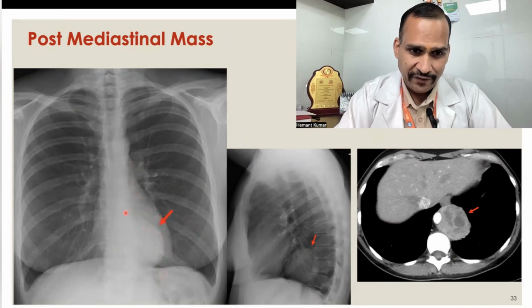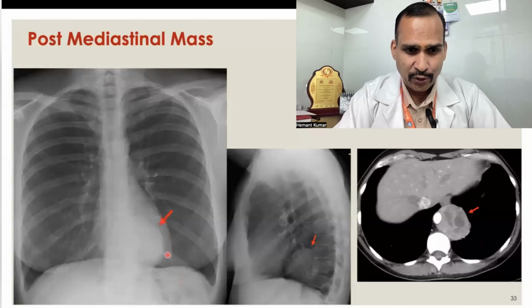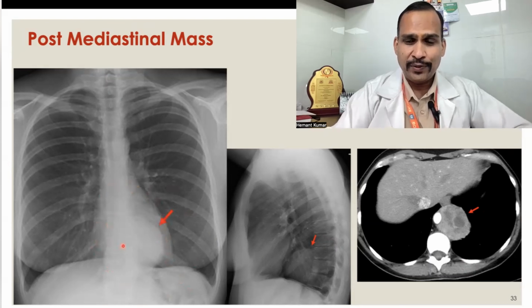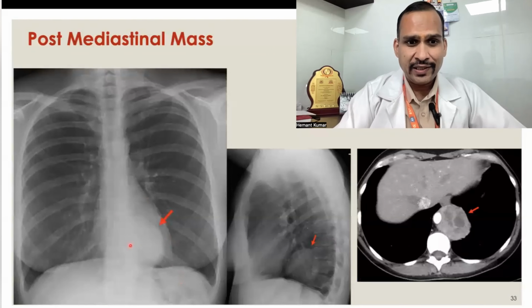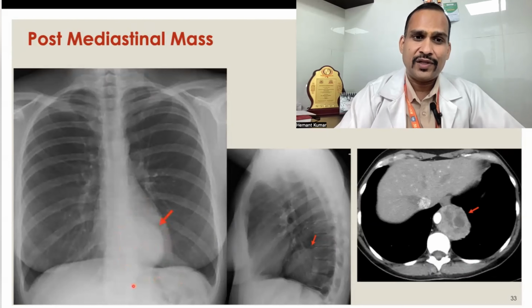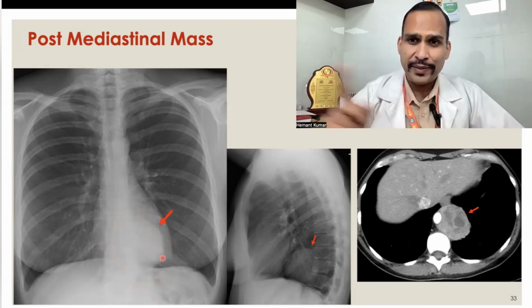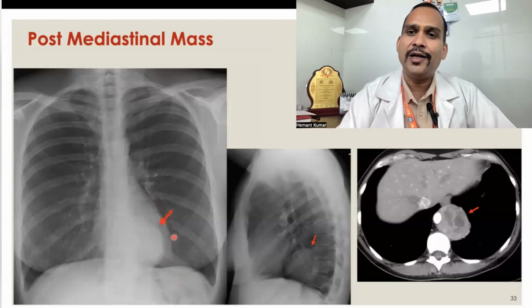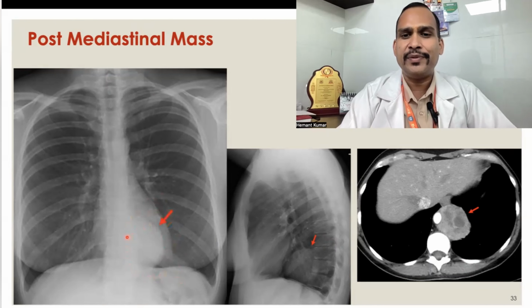On the left side, if you see carefully, this is anterior to this heart border. So this is a PA view, and you are appreciating the opacity first. So this is a posterior mediastinal mass. This is not middle mediastinum, because it is not obscuring the heart border. This is a posterior mediastinal mass.